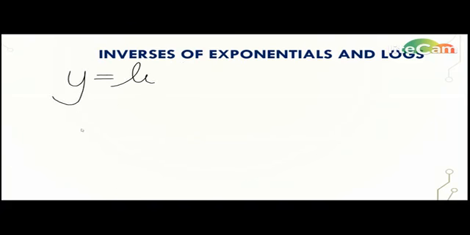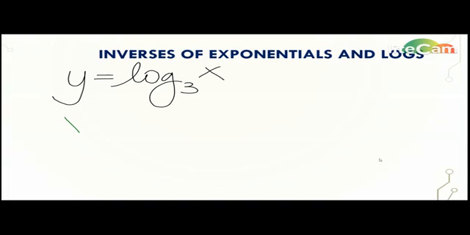All right. So what we have been doing is taking an exponential equation and finding the inverse of it. And when we find the inverse of an exponential, we get a log. If we go and find the inverse of a log, what do you think that's going to give us?